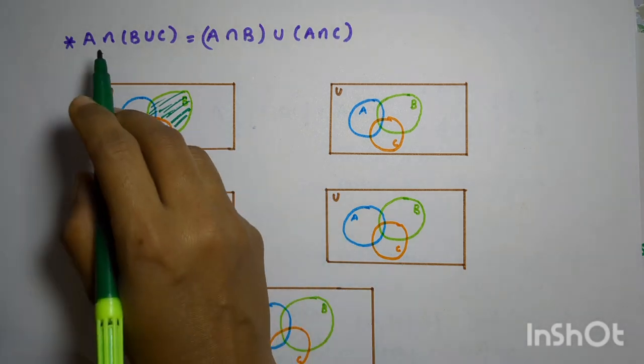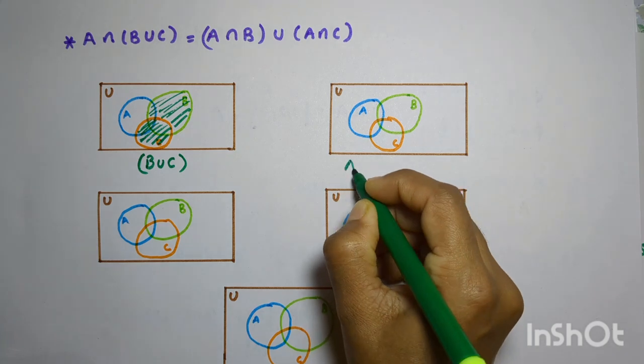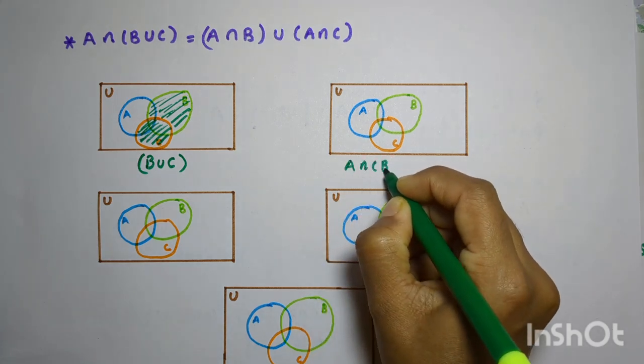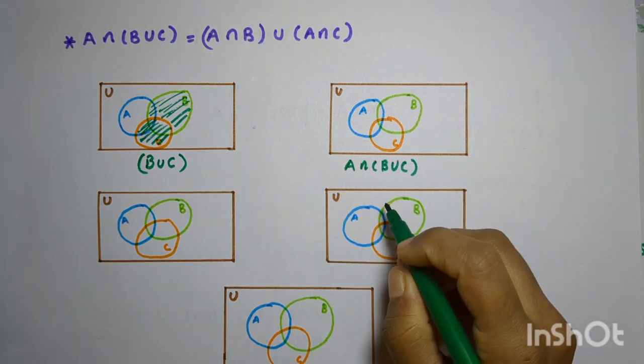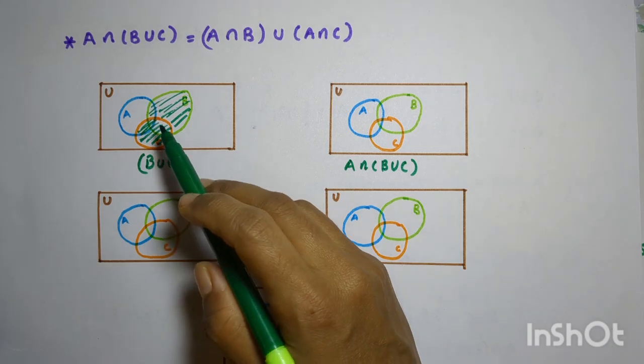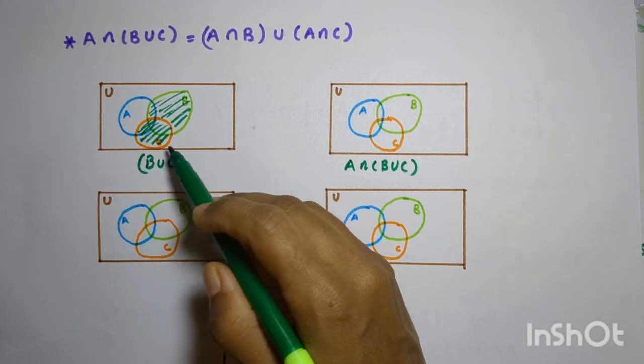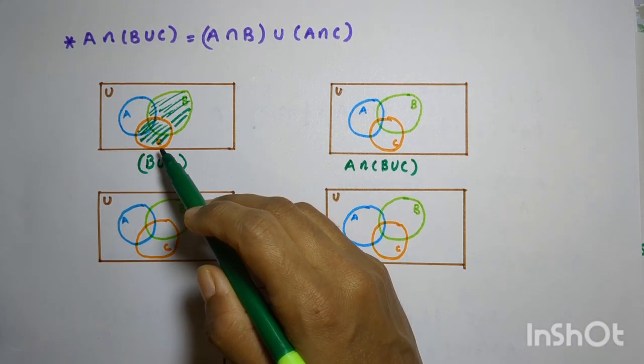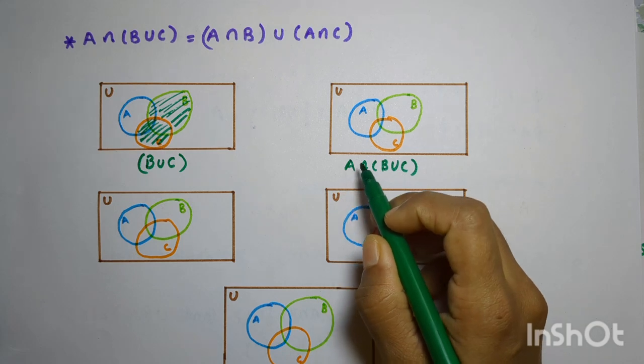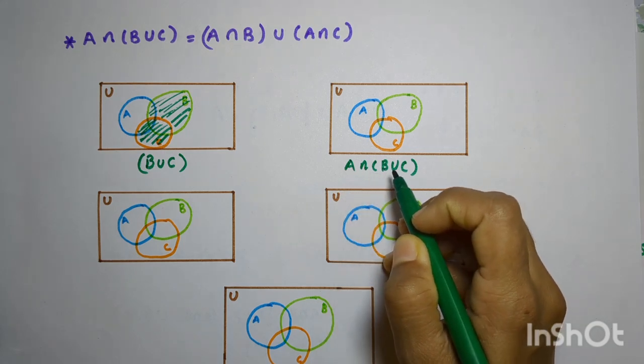Now if we take A intersection (B union C). In B union C we have all the parts of B and all the parts of C. Now we consider A intersection (B union C).